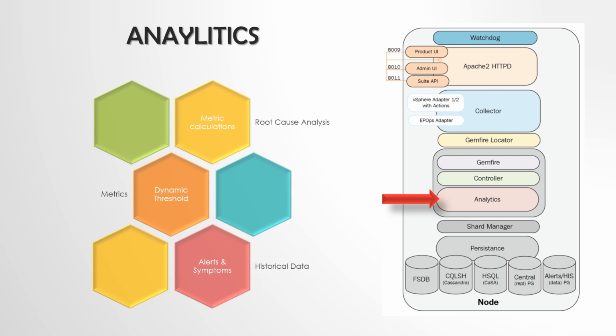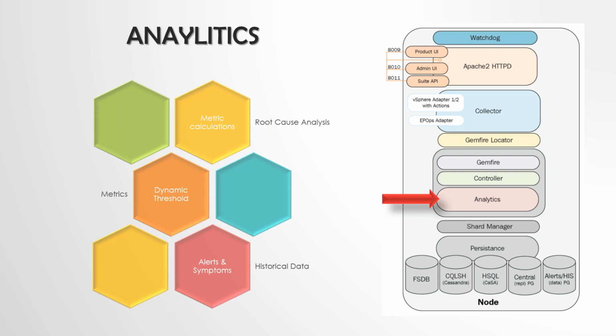And the last is historical data. Now the analytics layer will perform calculations and store the relationship between objects. It stores the historical data, and it calculates the historical data plus it stores the relationship between different objects.